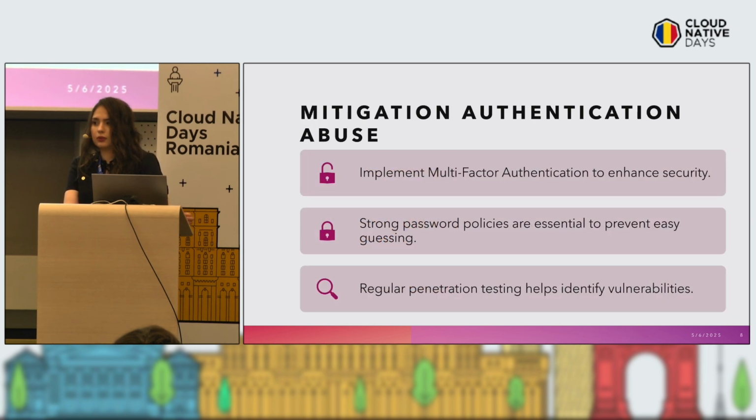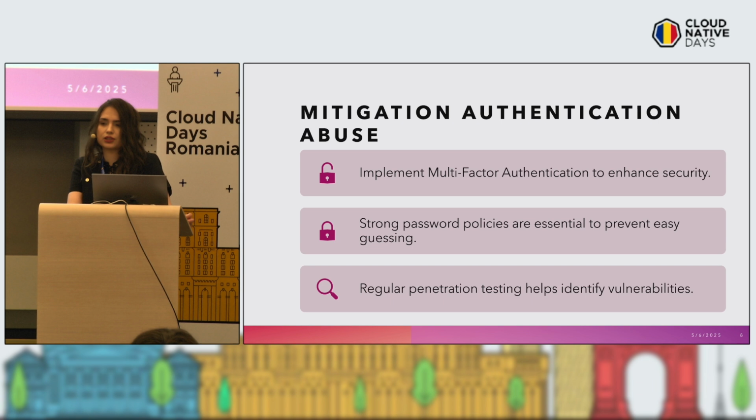Let's see what would be the mitigation strategies for authentication abuse. Expect multi-factor authentication, so even if the credentials are leaked, there is an extra layer of security in order to authenticate.